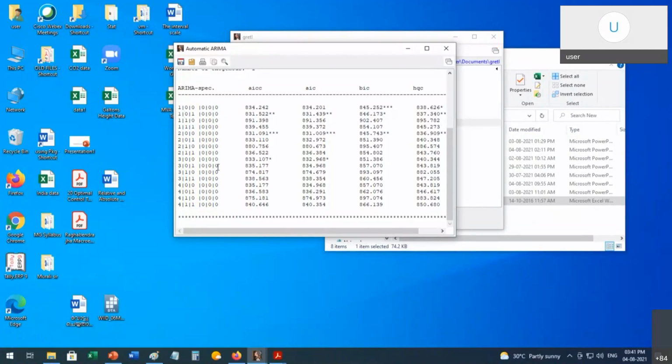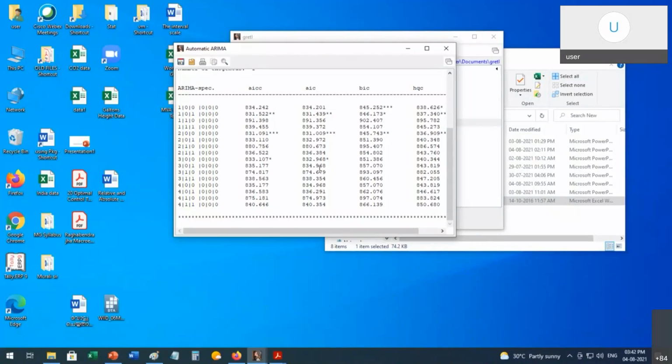And where we find, for example, this AIC, then BIC and the Hannan-Quinn criterion, out of these three. And Gretl has added another one, AICc. This is much more stringent than the AIC one.